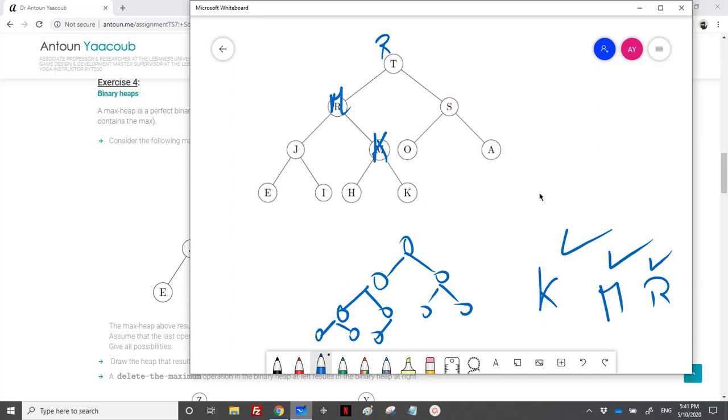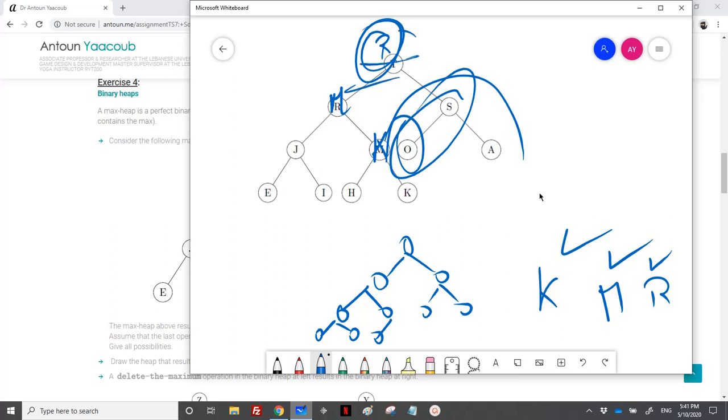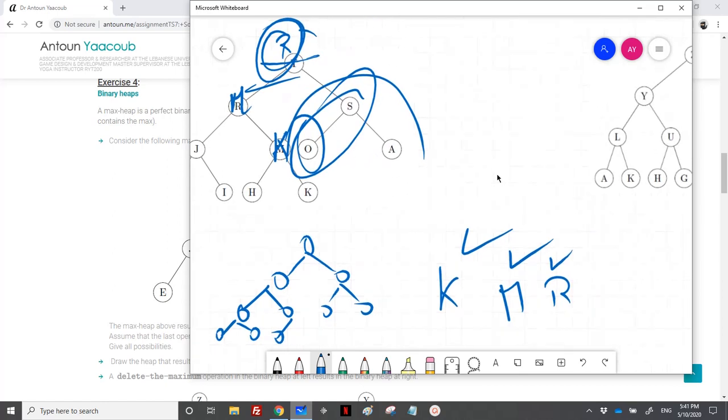Obviously r couldn't be here, because you have o here, and r should be the maximum of all the elements below. We have s and o, which are greater than r. So r is not a possibility. Sorry, it means that adding t is not a possibility. We could not have inserted t in the last operation. So the three elements that we could have added last are k, m, and r.